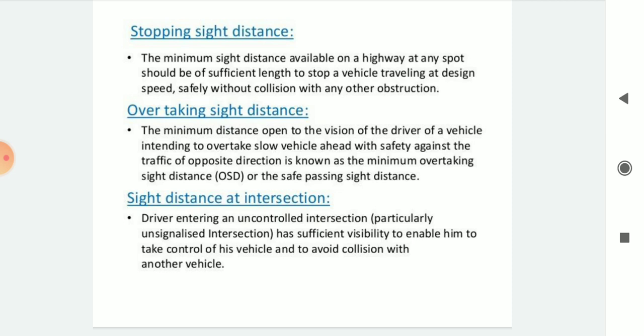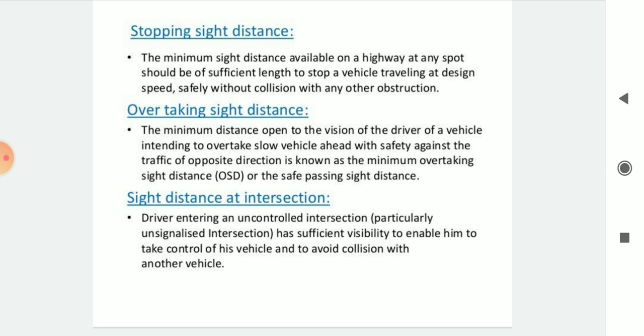The minimum distance open to the vision of the driver of a vehicle intending to overtake a slow vehicle ahead with safety against the traffic of opposite direction is known as the minimum overtaking sight distance, that is OSD, or the safe passing sight distance.